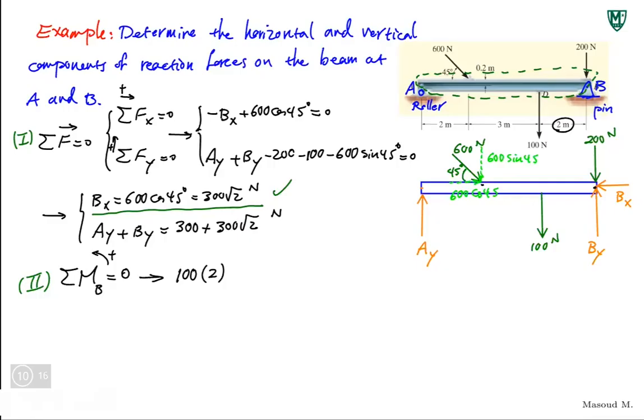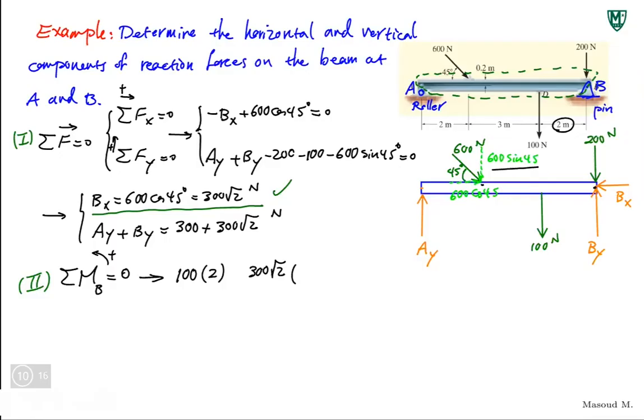600 sine 45 though. I'm just going to write it as 300 square root of 2. What is the distance it has from point B? I'm finding the moment about point B for all these forces I have in this structure.